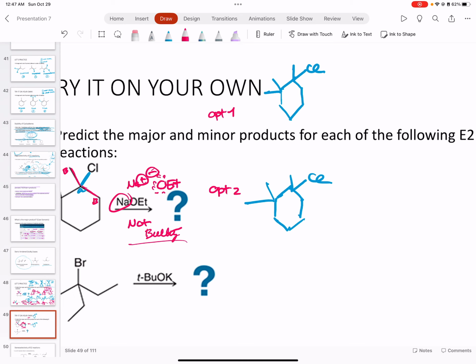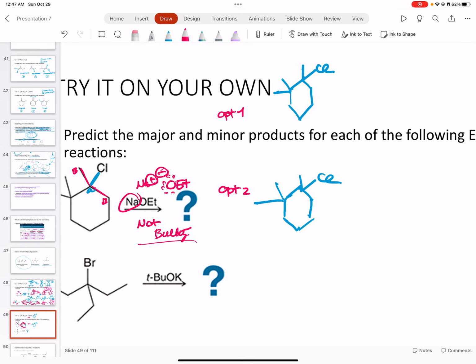I know it doesn't look that good, but I tried my best drawing it. Okay, so I'm going to concentrate on this one on top. That one has 1, 2, 3 hydrogens, okay. And then my base is NaOH.